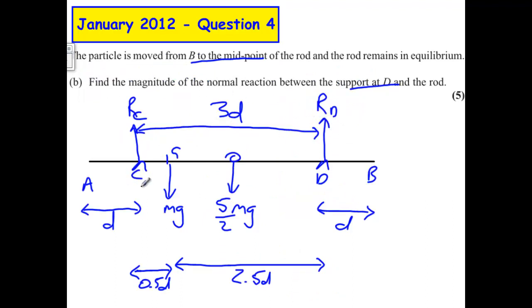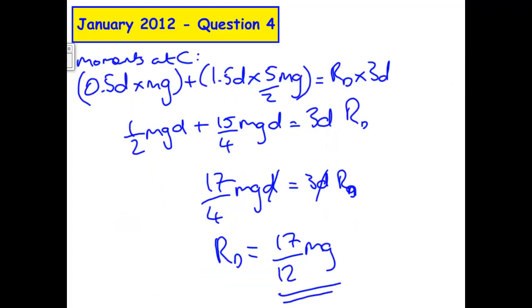Notice I took moments about C because that allowed me to not worry about the reaction force at C, and just concentrate on the reaction force at D. Now in terms of where the mark scheme allocates marks here, you get 1 method mark for doing a correct moments equation.